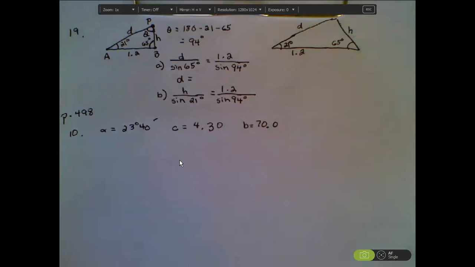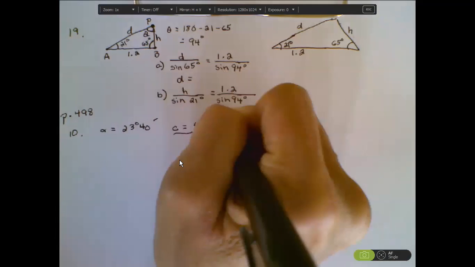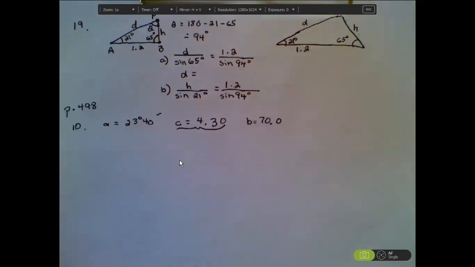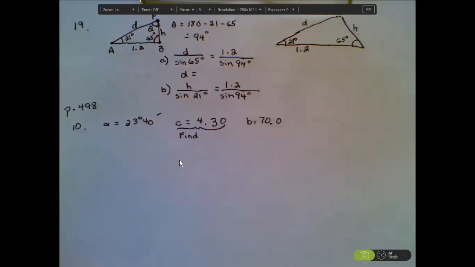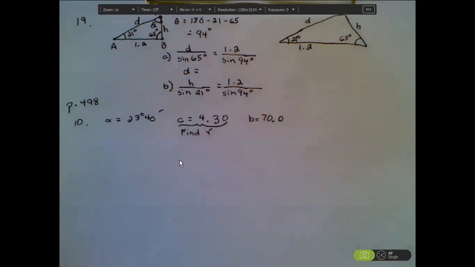What's the shortest side of this triangle? C. Yeah. So if that's my shortest side, what's the angle that I'm going to be looking for to begin with? The angle opposite C would be gamma, right?